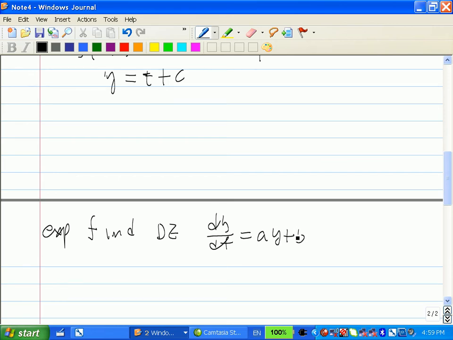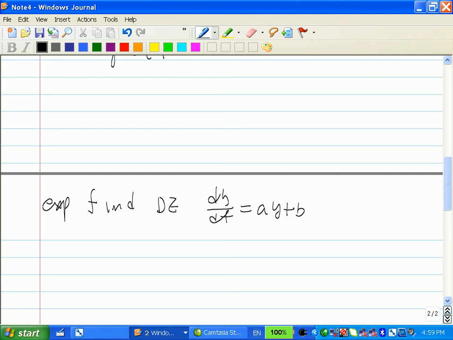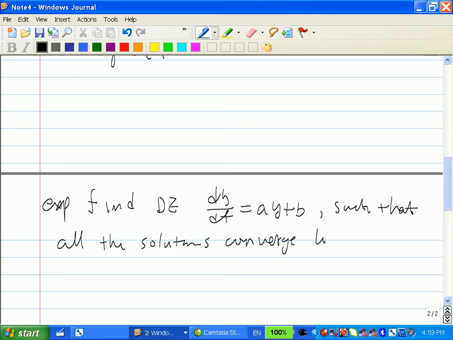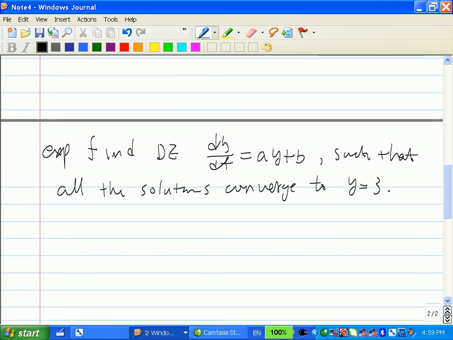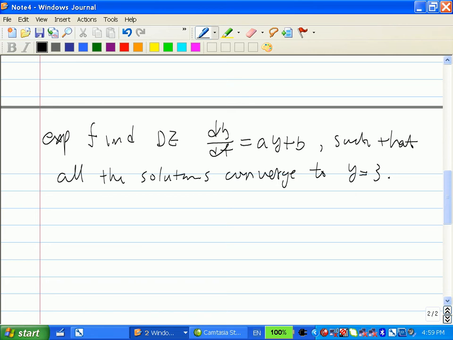We're looking for the differential equation in this form such that all the solutions converge to y = 3.